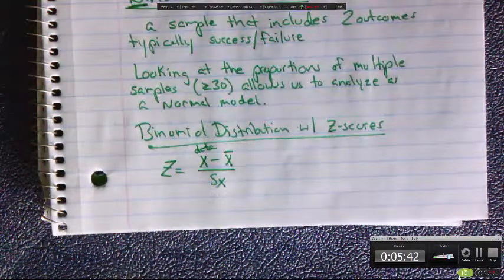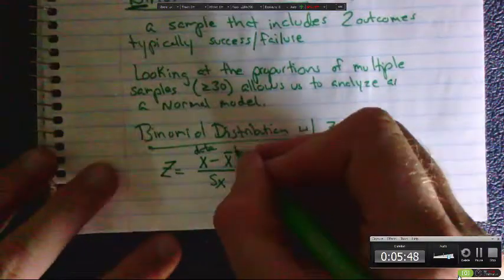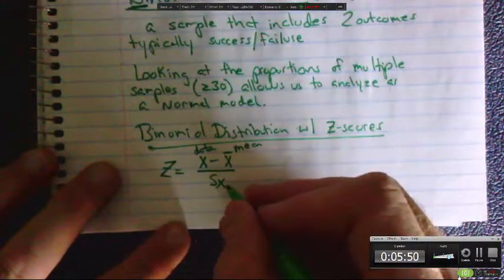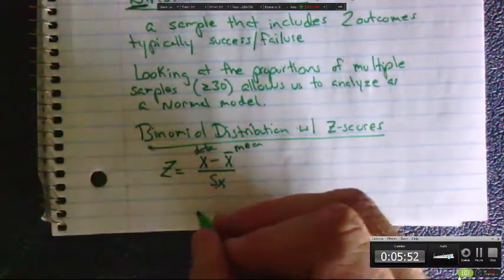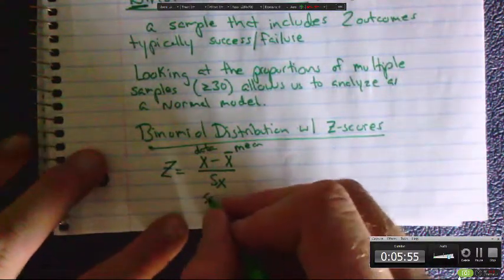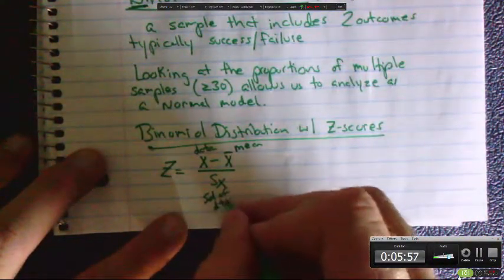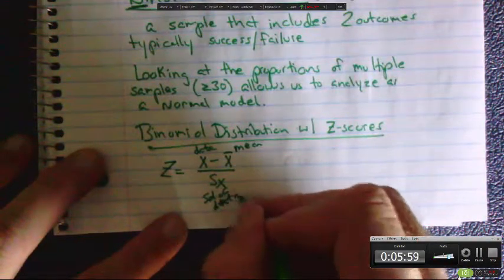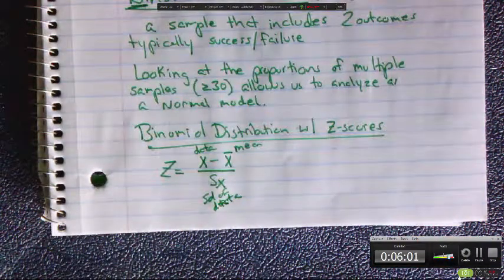It's the data that you're looking at. x bar represents the mean, the average. And then the standard deviation is the standard deviation of your x variables, which is your data. So we're taking a look at some data point, we're subtracting the average, which is what should occur, and we're dividing it by the standard deviation of our data.